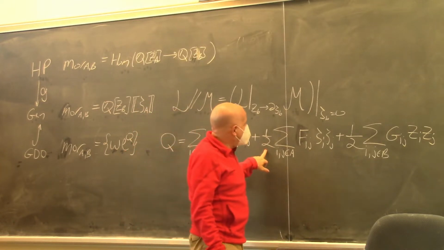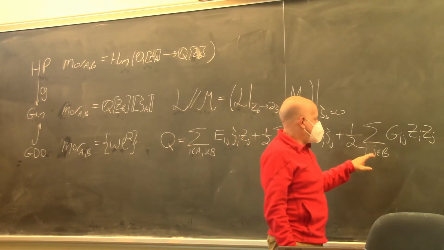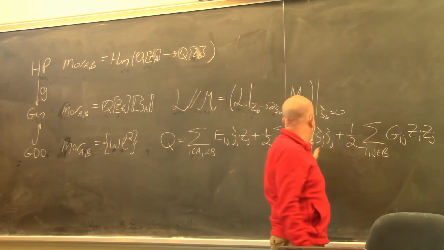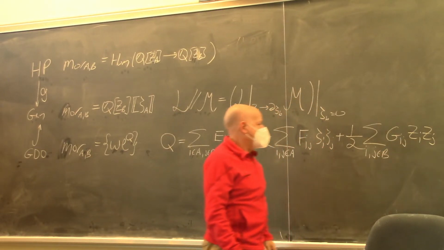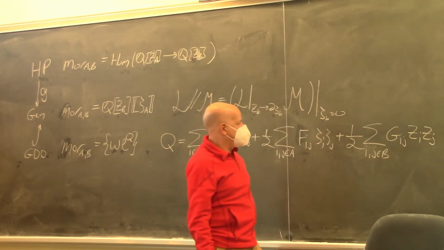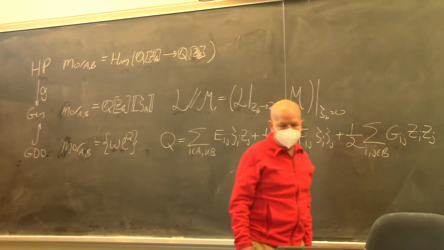Then there is 1/2 times Greek terms with coefficients a matrix F_ij, and 1/2 times Latin terms with coefficients a matrix G_ij. Okay?